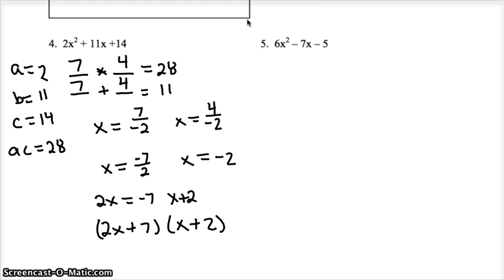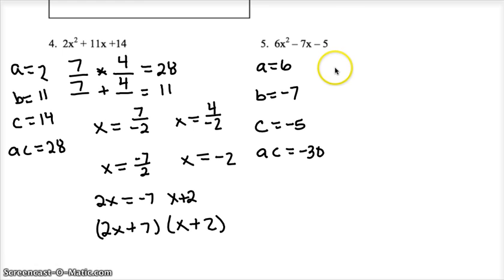One last example. By now we should be getting a little bit quicker. I identify my a as 6, my b as -7, and my c as -5. My AC now is -30.